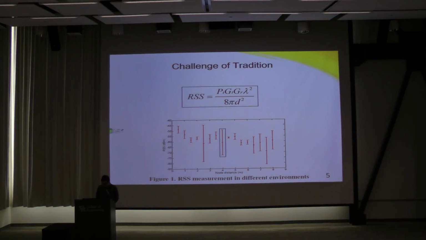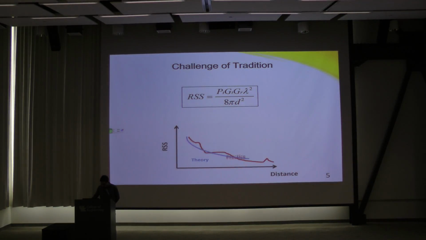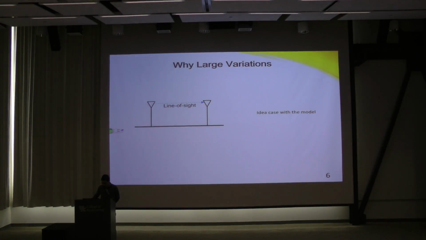So we cannot compute a very accurate distance from this RSS. This problem has been open for many years, but I and my group have solved it. In practice, there is no simple relation between the RSS and the distance.